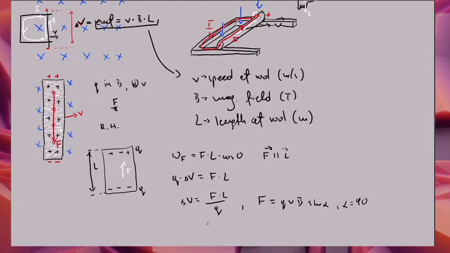So I end up here with delta V equals Q V B L over Q. That goes away, and I have the expression I wanted. So delta V equals V B L.